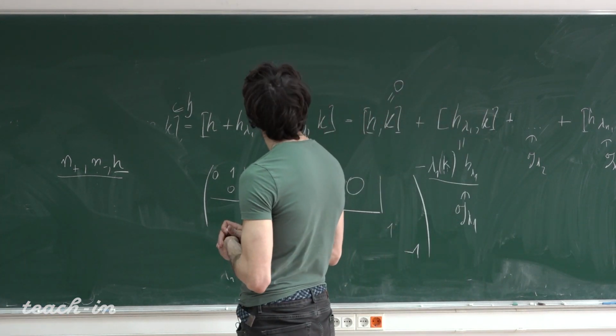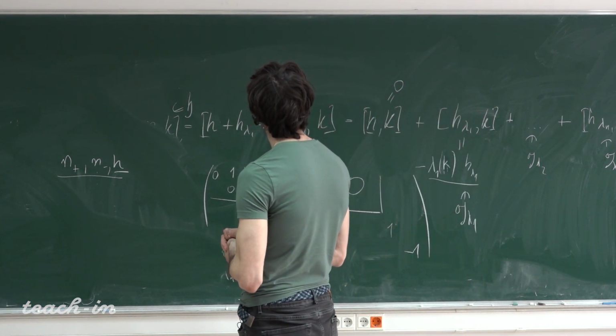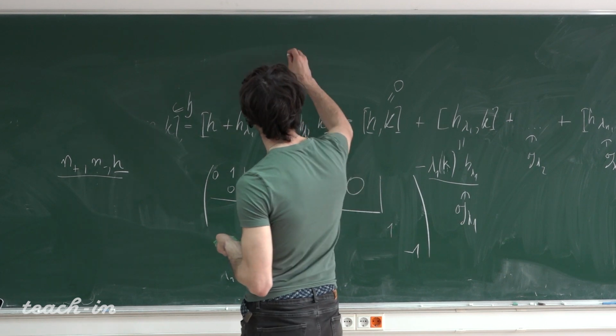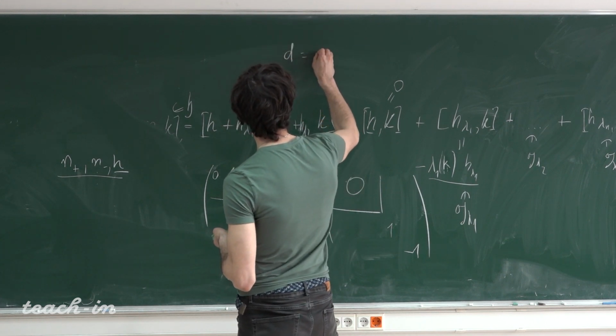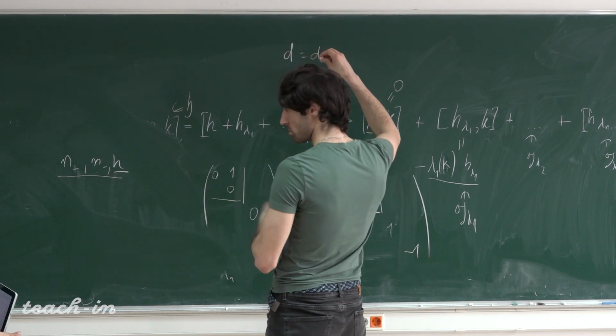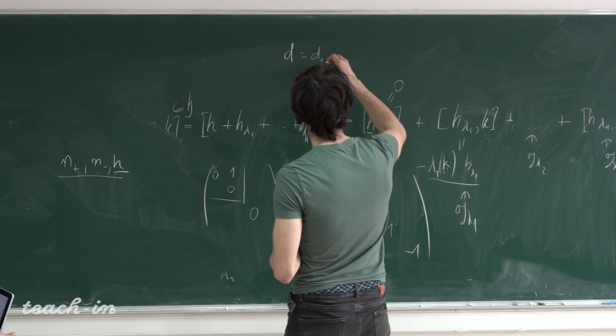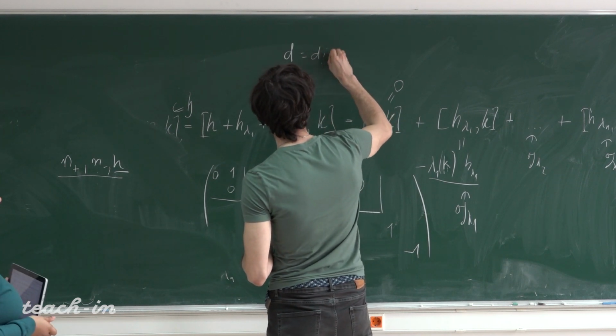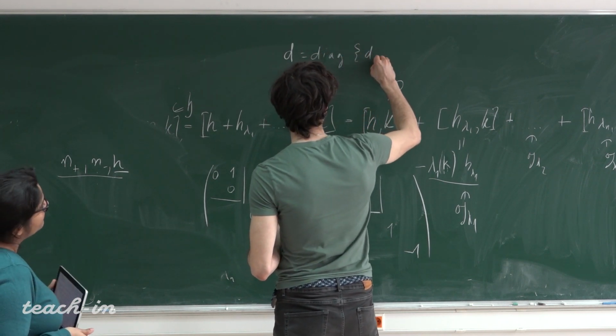So what you would like to see is that you take some diagonal matrix. Well, it's from SLn, therefore the sum of the diagonal is 0, right? But still, it's some diagonal matrix.